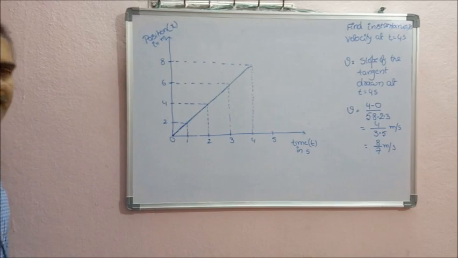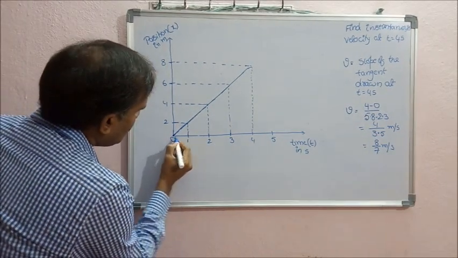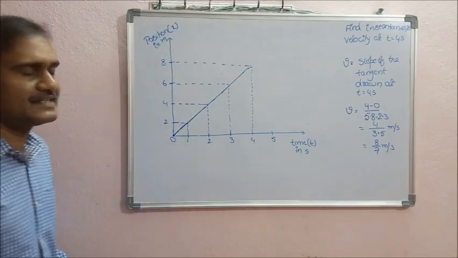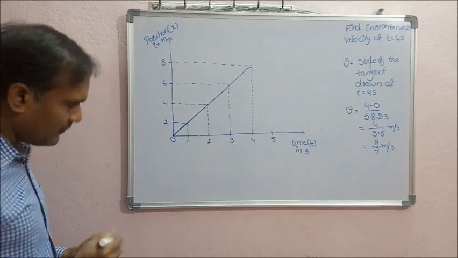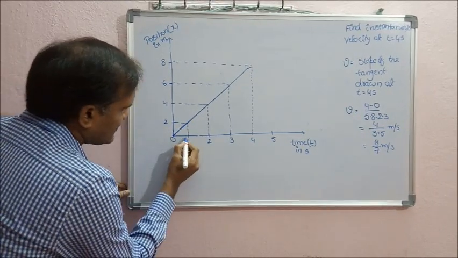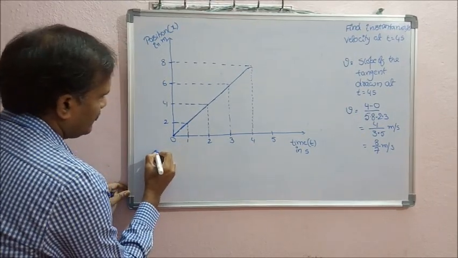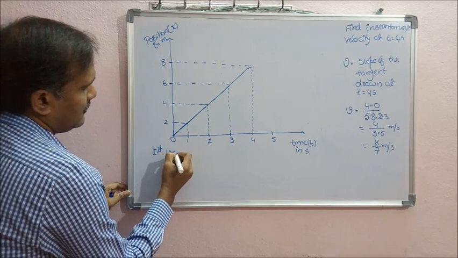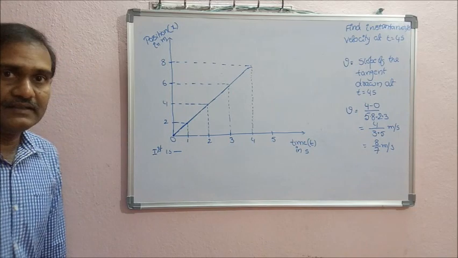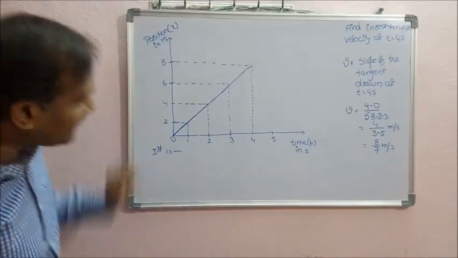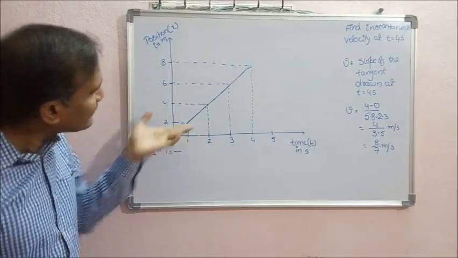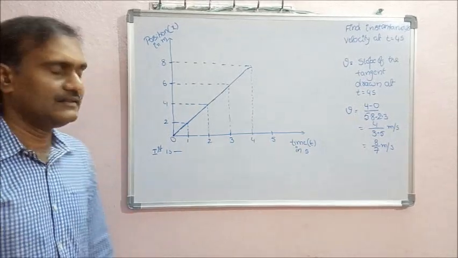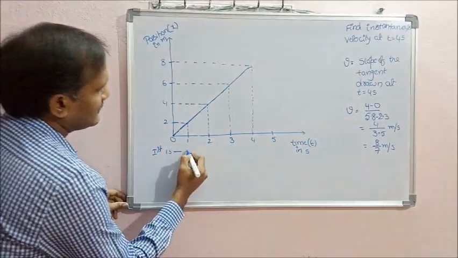Okay, just you observe this. What is this time interval? 1 second. During this time interval, that is in first 1 second, how much distance or how much path length or how much displacement does it cover? 2 meters.